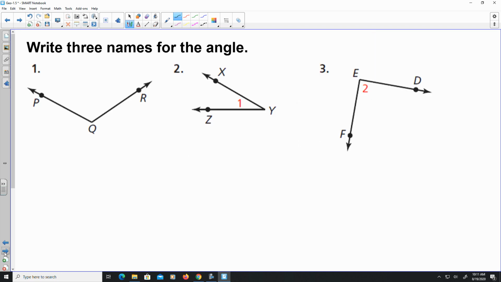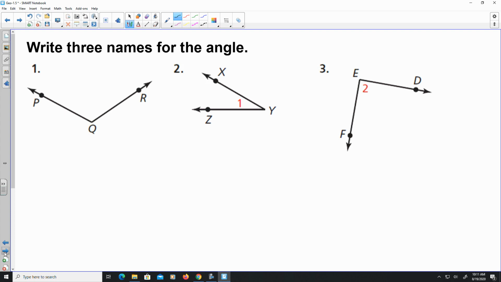If you look at examples like these, they want you to name 3 names of each of the angles. This very first one is relatively simple in a sense that there aren't multiple angles that you have to look at.